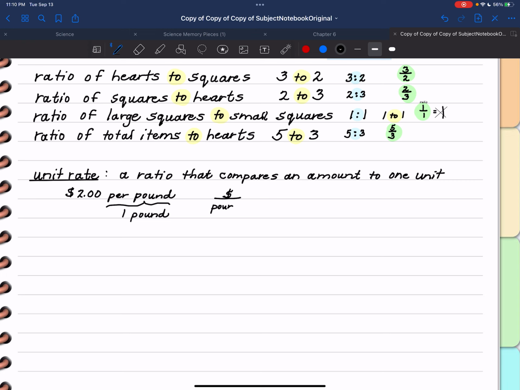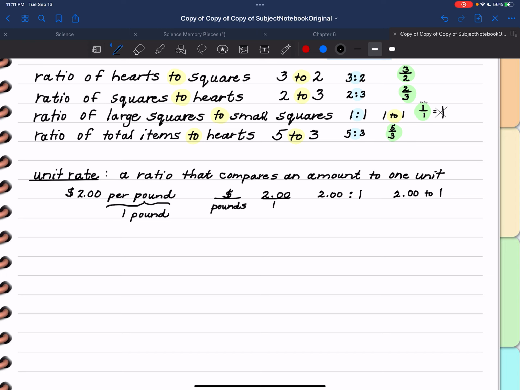There are your two quantities. And it would be $2 to 1 pound, or $2 over 1 pound.